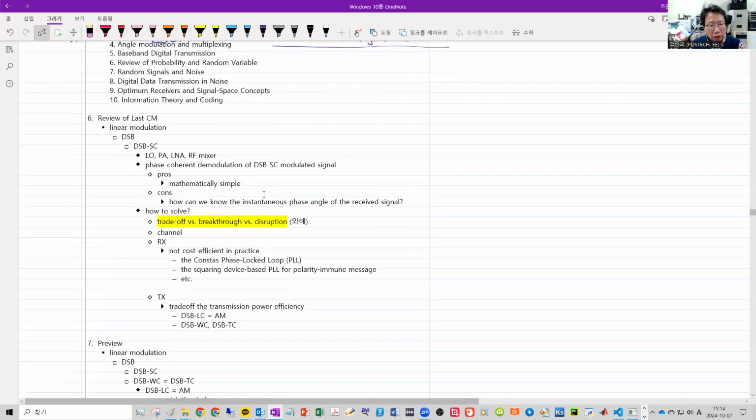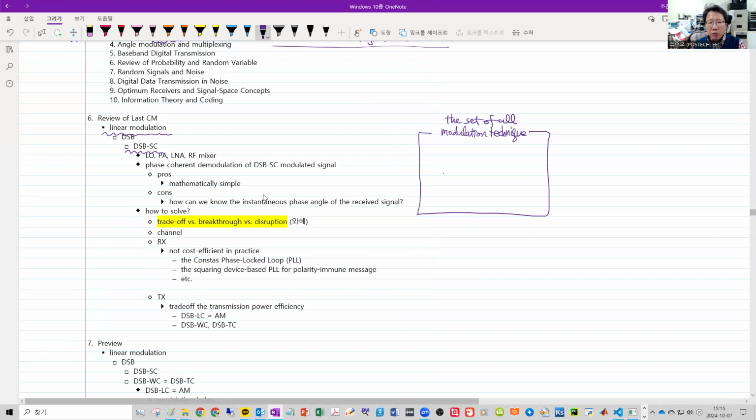let's review the previous class meeting number 9, where we started studying linear modulation, where our focus was on double sideband suppressed carrier modulation. Let me draw a Venn diagram because it's too confusing without it. Here is the set of all possible modulation techniques.